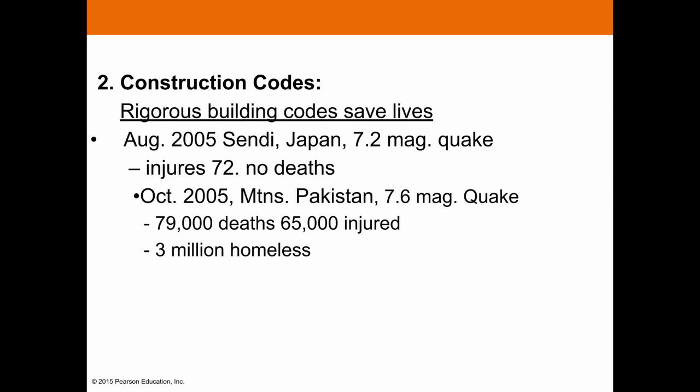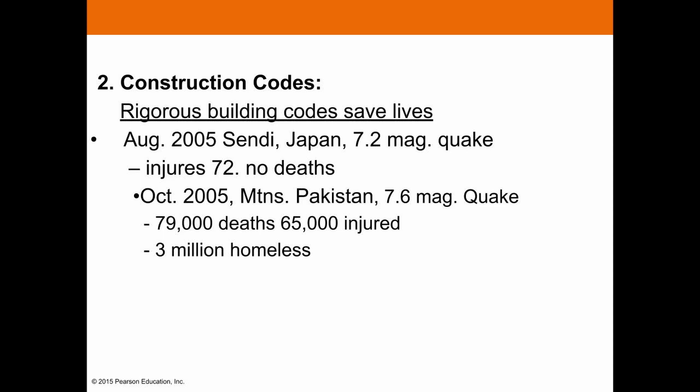The Japanese earthquake, the 7.2, injured 72 and had no deaths. However, a month later in Pakistan, a slightly larger magnitude earthquake had 79,000 deaths and 65,000 injuries, along with 3 million displaced people. That is a ridiculous difference in statistics and damage to and cost of human life.